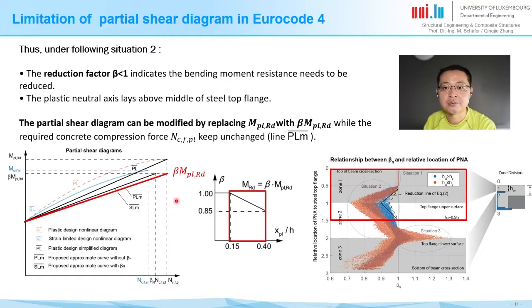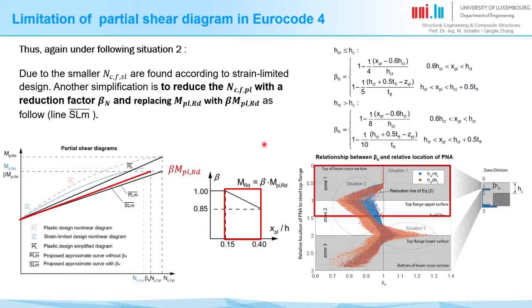In this case, you need to reduce the MRd to beta multiplied by MRd, and then for the last point, connect it with the first point to get the partial shear diagrams. Again, for situation 2, we found that if the neutral axis position is between 0.5 and 1.5, then the beta n value is smaller than 1, which means we can move this endpoint a bit inwards, as shown in these lines.